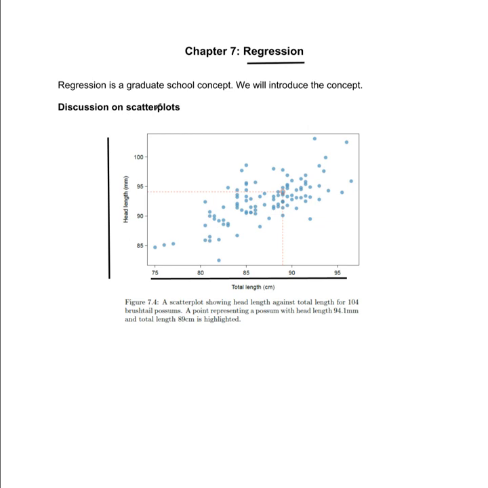Now, regression is a graduate school concept, and we're just going to introduce it. Initially, you need to understand what a two-dimensional chart looks like. Now, you guys have all had algebra, at least at some point in your life, so you probably are aware that this is a graph that relates an x variable to a y variable, where x is considered the input.